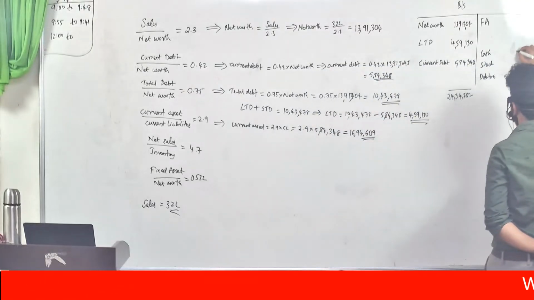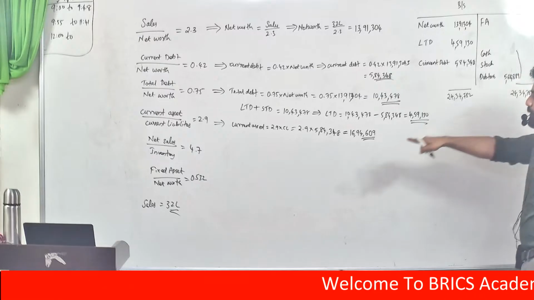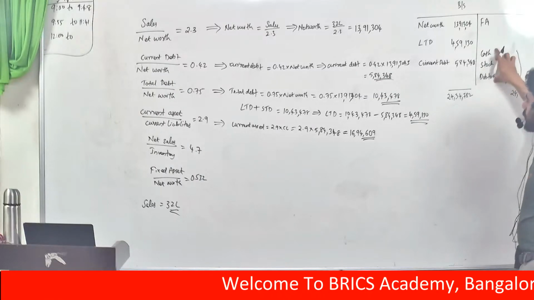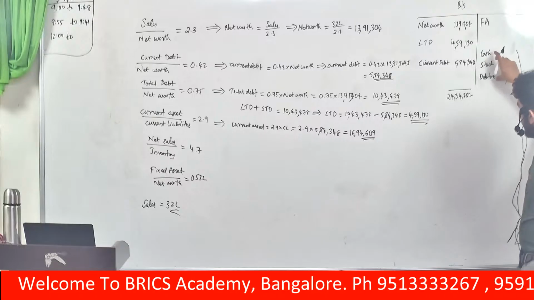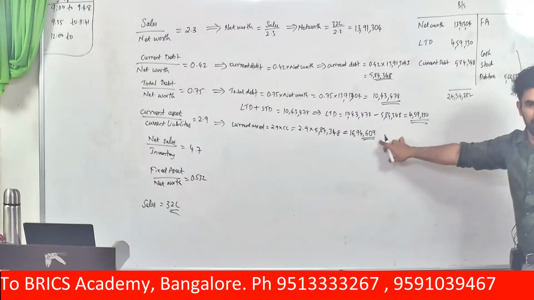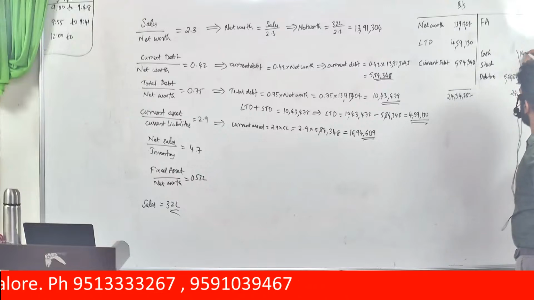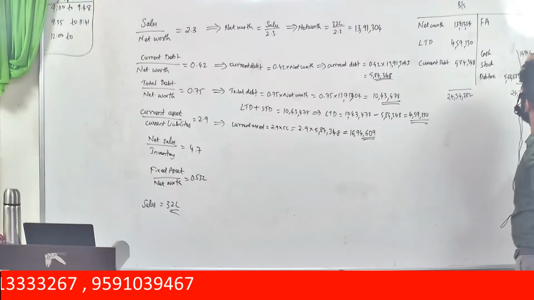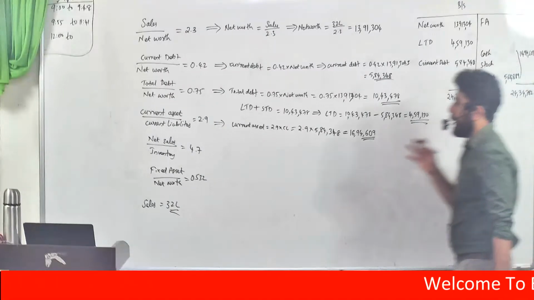I can fill that as a total of these three, because these three are forming part of current assets. So all these three put together should come to so much. Either you write it here 16 lakh 94,609.